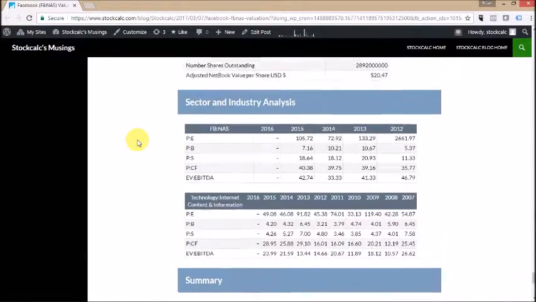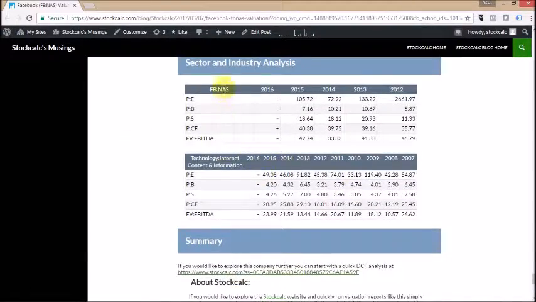And then finally, we take the data that we have from the sector that it's in, the industry that it's in, for representation purposes. So you could actually see Facebook's PE ratios, right off the charts here in 2012, versus the industry that it's in. And its numbers would be part of the industry that it's in.